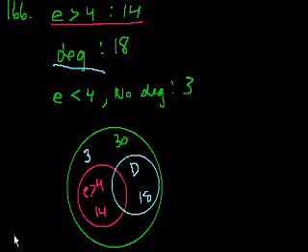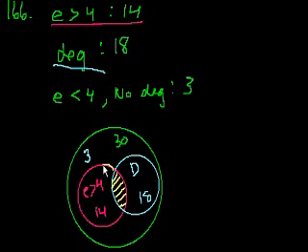Okay, now what are they asking? I've already forgotten that. How many of the applicants had at least 4 years experience and a degree? So they're asking for this intersection right here. So there's one question we can answer. What's the sum of this population, the population that has more than 4 years of experience or a degree?